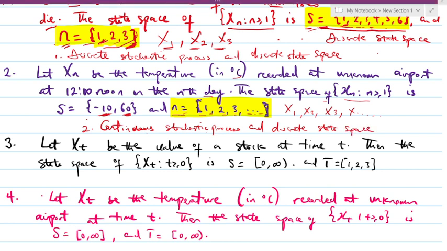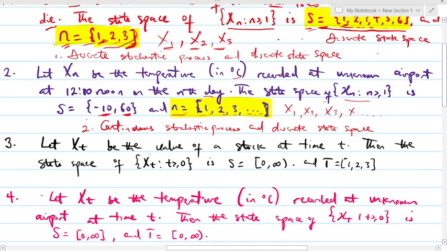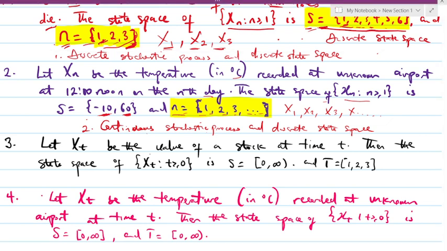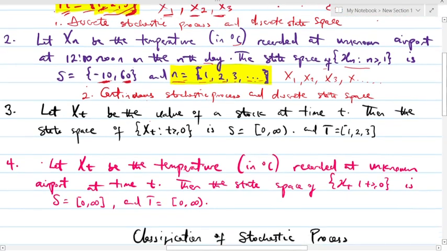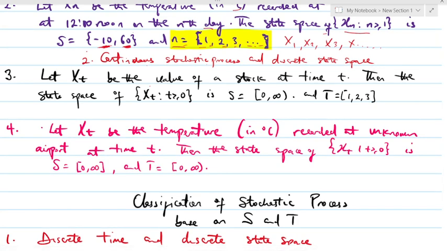So let's move to the next example. We analyze it and then we also classify it based on the value of x, the state space, and also the value of n or t as the parameter, as the case may be. So look, we have let x subscript t be the value of a stock at time t.